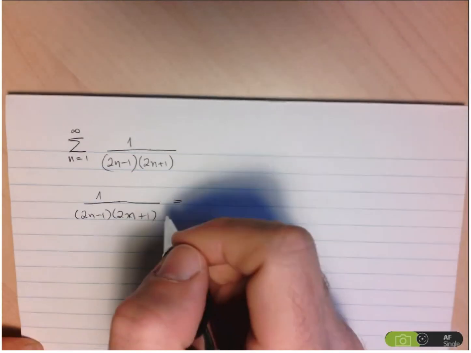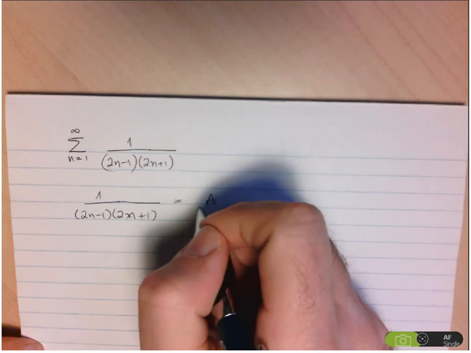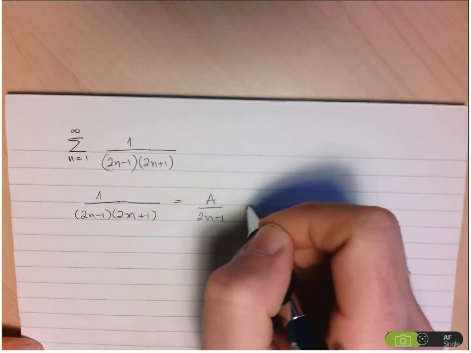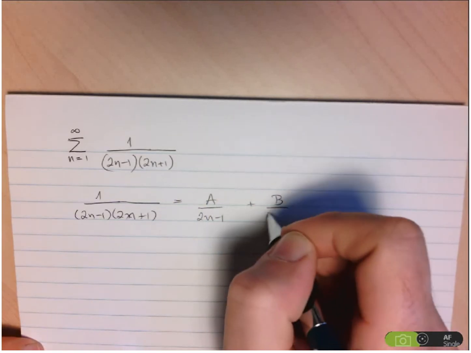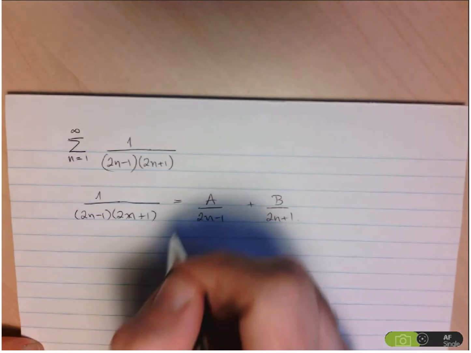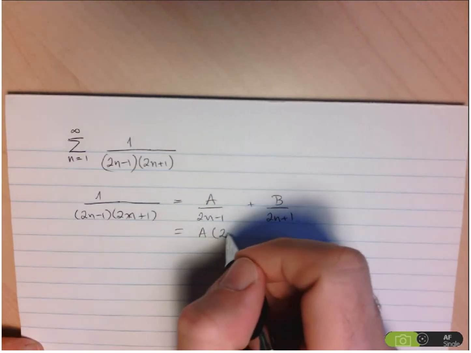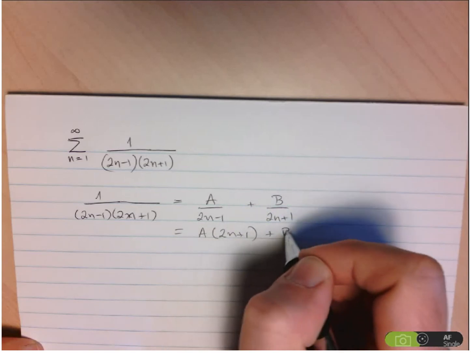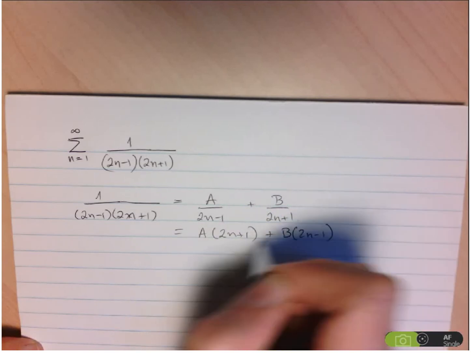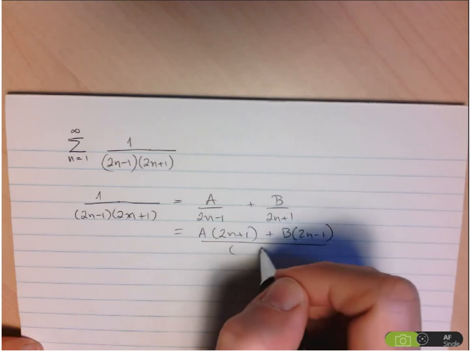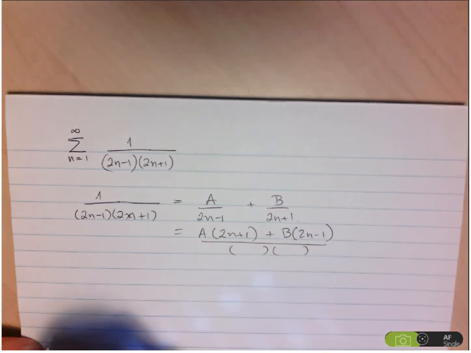We're going to write A over 2n minus 1 plus B over 2n plus 1. We can add everything up to get A times 2n plus 1 plus B times 2n minus 1, all over 2n minus 1 times 2n plus 1.